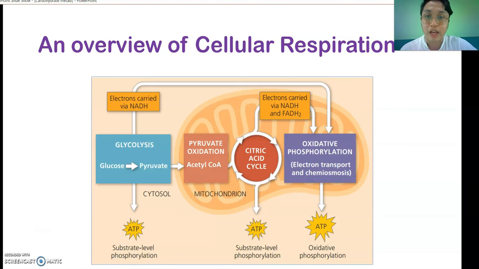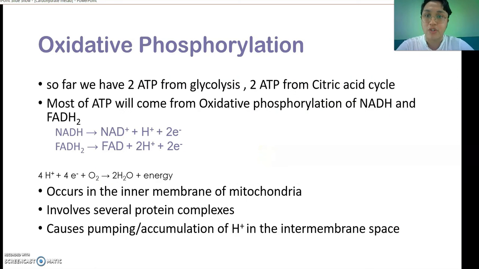Tapos nagpo-produce din tayo dito ng NADH. Review na dalawang NADH galing sa glycolysis, isa sa oxidation of your pyruvate, right? And then, naka-yield din tayo ng NADH at FADH2 naman for your citric acid cycle. Alright? So, ang next step would be the oxidative phosphorylation.